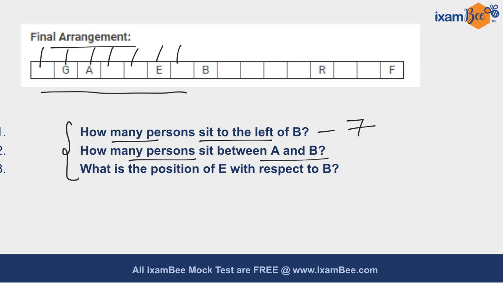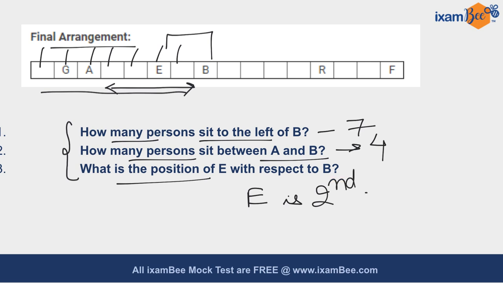So you can count the number of persons who are sitting between A and B. Clearly, 4 persons are sitting between A and B. Your third question says, what is the position of E with respect to B? So you have to calculate the position of E with respect to B. Clearly, E is second to the left of B. So the correct answer is E is second to the left of B.